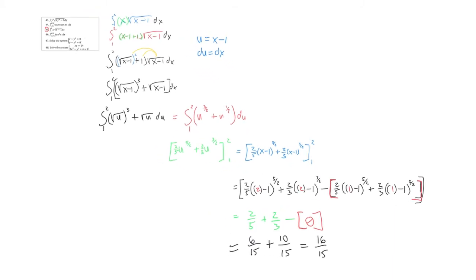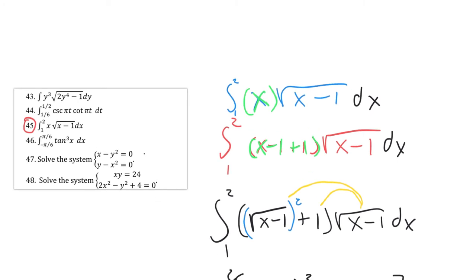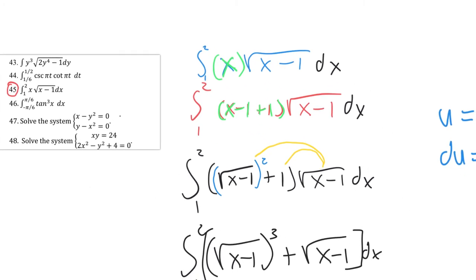Yeah, quick review. If you see something where u-substitution isn't working and you have some x on the outside of a radical, construct this as follows. Make sure that you're preserving the value of x. Like, this is all still x, right?